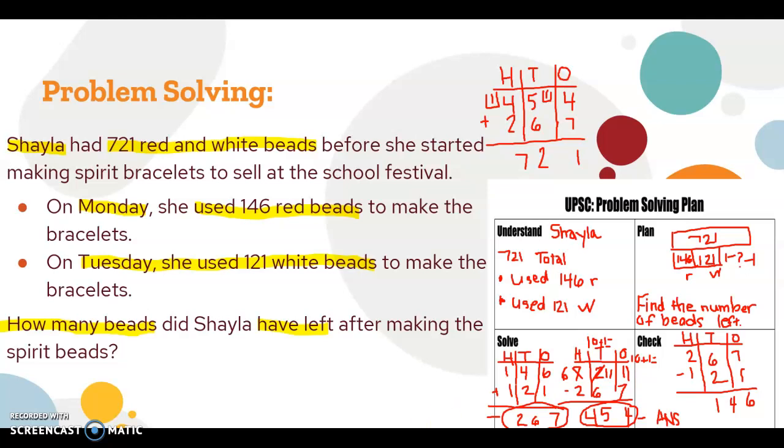Just to recap, make sure that when you are completing the solve part of your problem solving plan, that you are actually notating which of your equations has the correct answer.